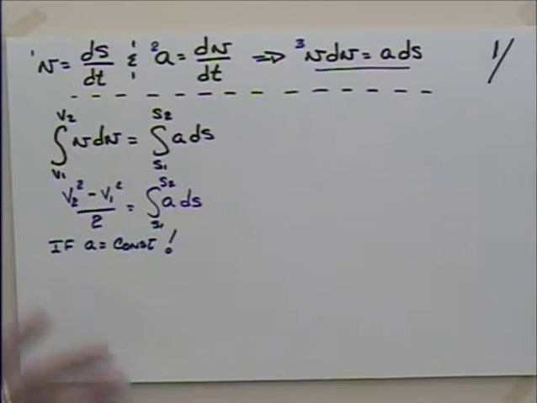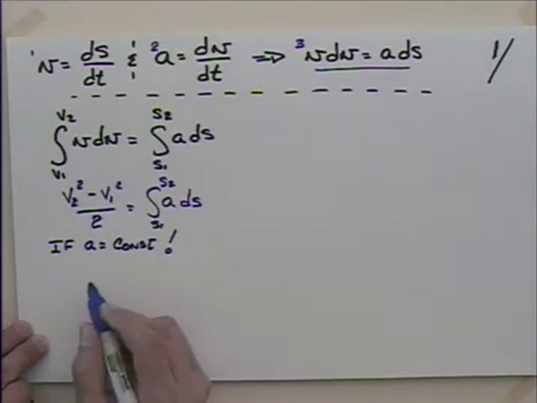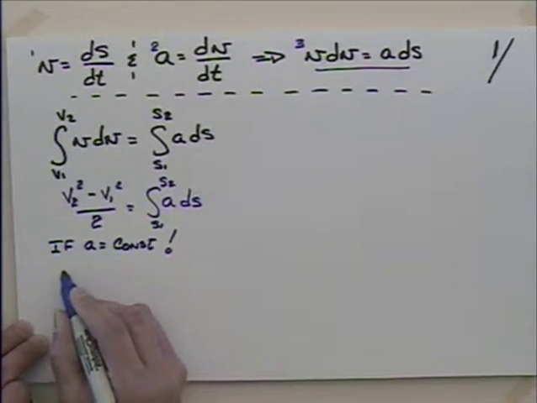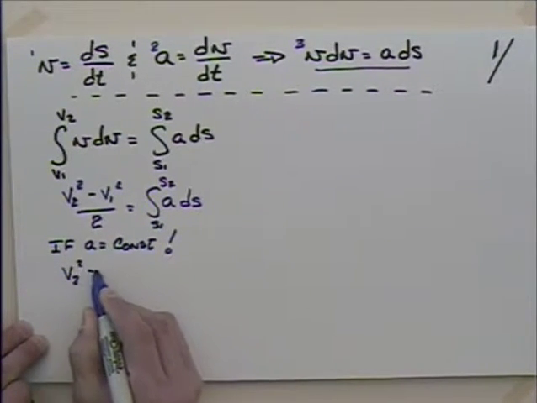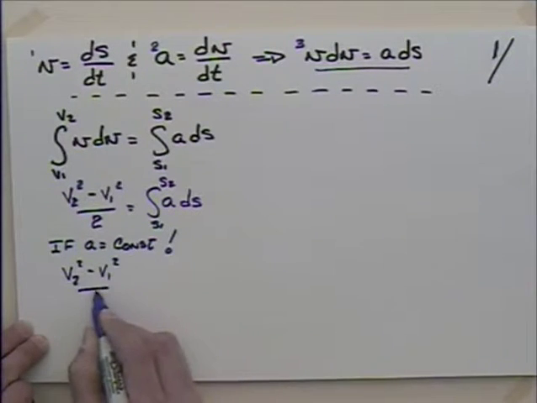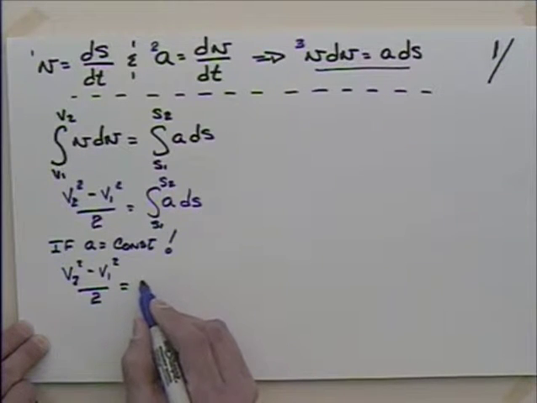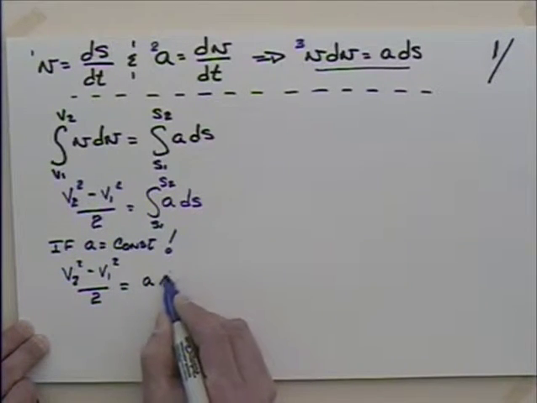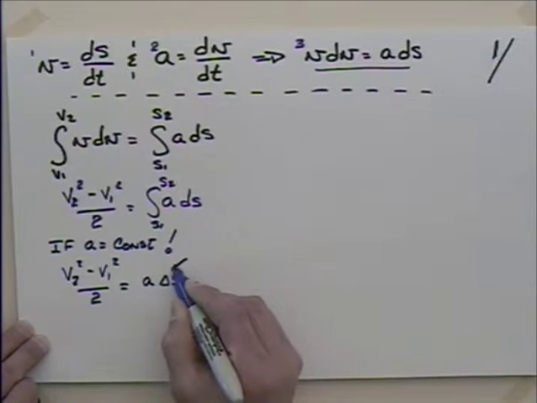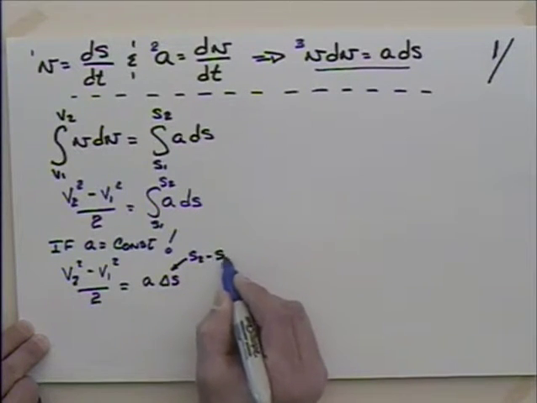So if the acceleration is equal to a constant, of course I can pull it out of the integral like you could pull any constant out of an integral, and we could continue on. In doing that, we would get that v2 squared minus v1 squared divided by 2 is equal to a times delta s, where this would be s2 minus s1.